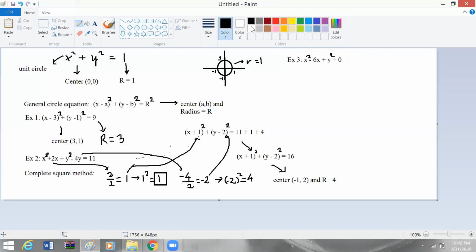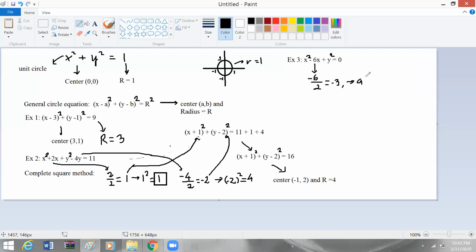So there's nothing we can do for y, and for this part we do the complete square as well. We take -6 over 2, which is -3, and then you square it, so you get 9.